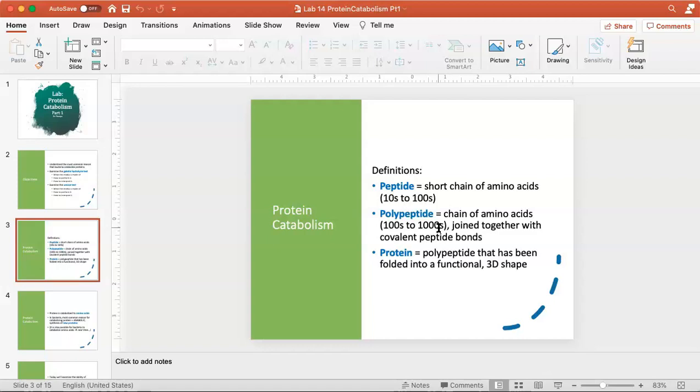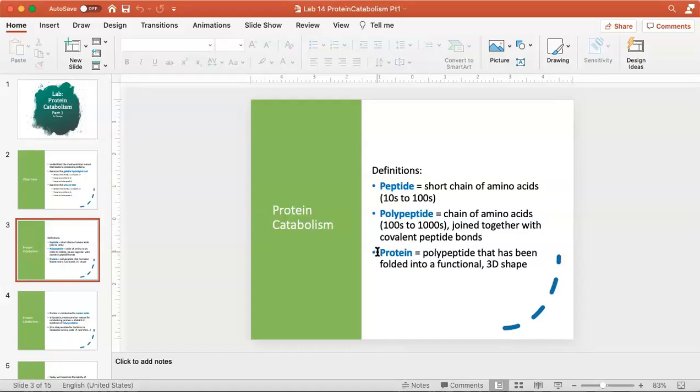And remember, we call the covalent bonds that join the amino acids in a polypeptide or a protein peptide bonds. It's a covalent bond that just happens to occur between 2 amino acids, so it gets a special name.